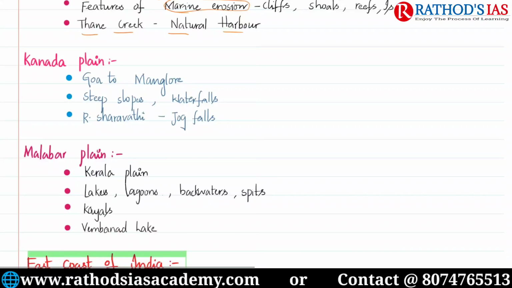And next important one is Karnataka plain or Kannada plain. It extends from Goa to Mangalore. And out of this western coastal plain, we can see a very narrow coastal plain in this Karnataka coastal plain. It is 30 to 50 kilometers, that is the width.